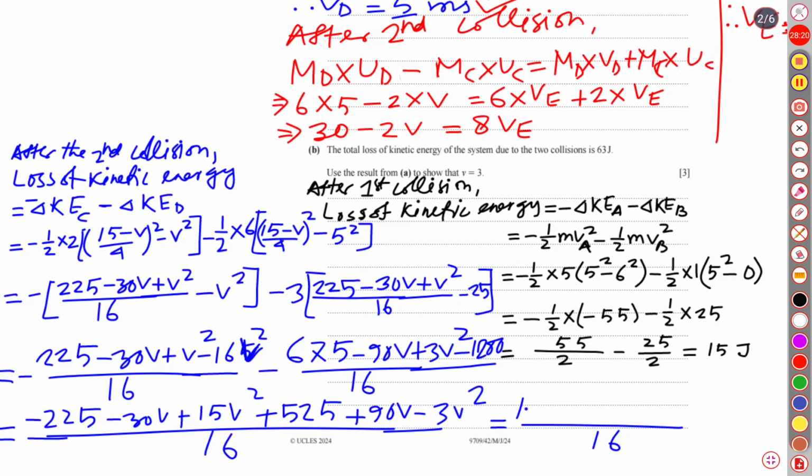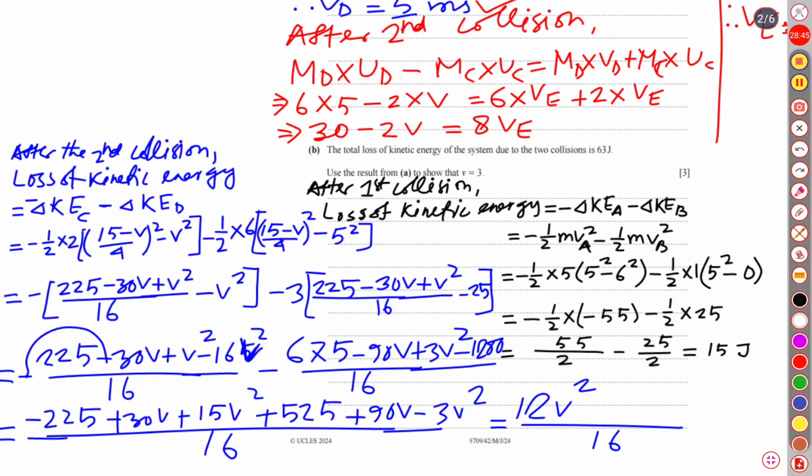12v squared, 12b squared. Sorry, then minus 30v plus 90v, so it should not be minus, because minus and minus will make it plus.